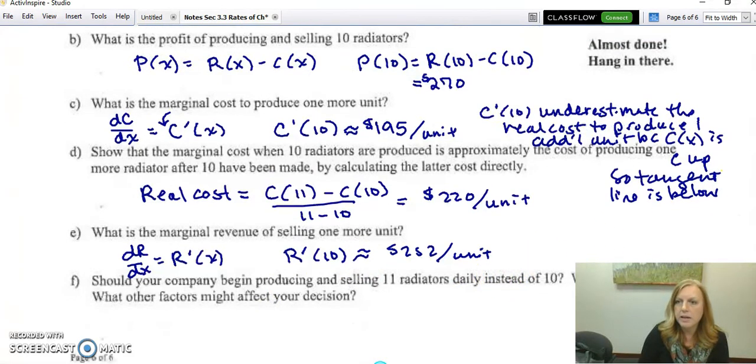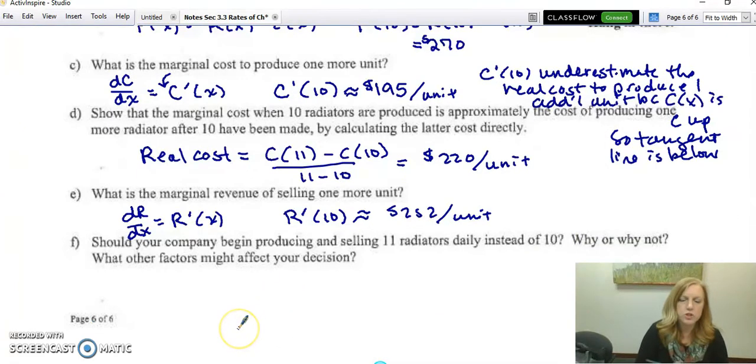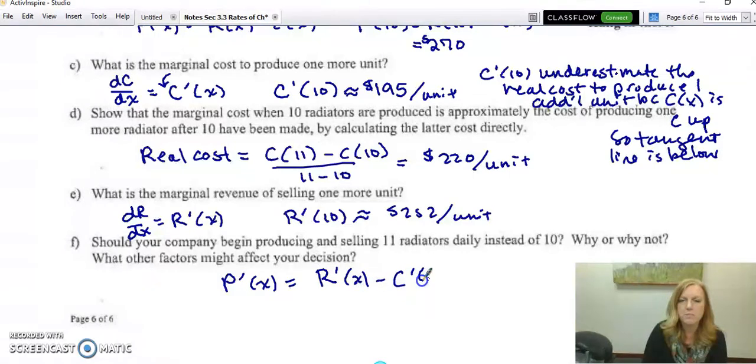Now we might ask the question, should we begin producing and selling 11 radiators instead of 10 radiators? Let's talk about our reasoning and why or why not we would do that. We might look at this idea that our marginal profit, since the derivative is your marginal profit, P prime of x, is simply R prime of x minus C prime of x, the marginal revenue minus your marginal cost, 252 minus 195.